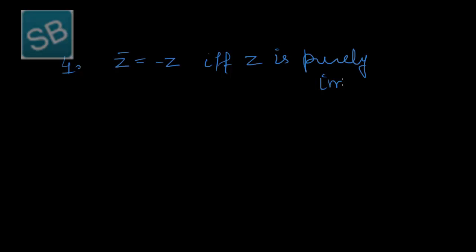Now the next property, that is number 4: z bar is equal to minus z if and only if z is purely imaginary. As we have done earlier, z is equal to z bar if it is purely real. Now it is purely imaginary.